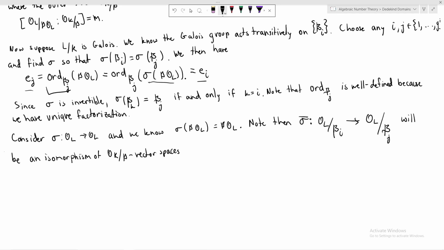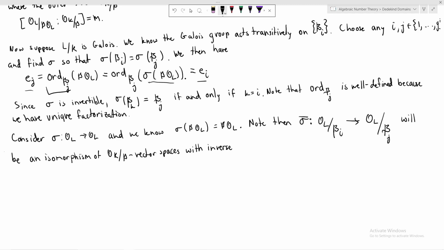So we know that sigma is going to fix O sub K, so it's going to be an O sub K module morphism. It acts trivially on both these spaces, so it's going to be an O sub K mod p vector space isomorphism. And the reason it's an isomorphism is that I can tell you what the inverse is.